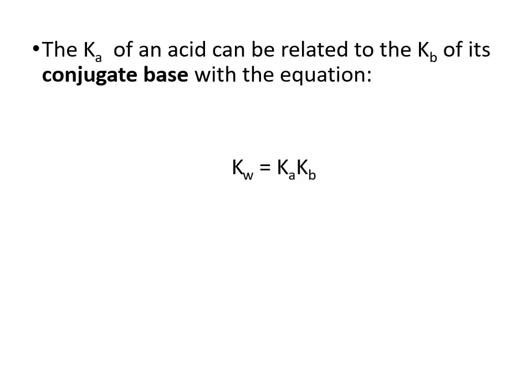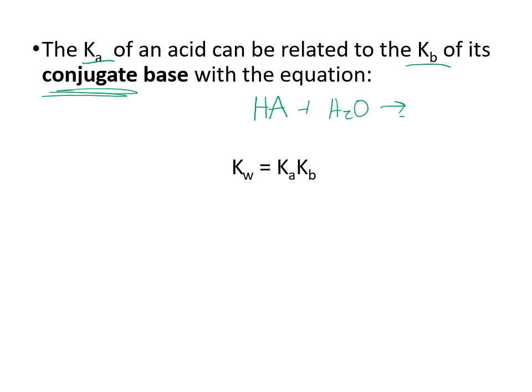So the Ka of an acid can be related to the Kb of its conjugate partner. So if we had an acid, let's take our generic acid, a hydrogen attached to an anion, and if it goes through reaction, actually let's put water in this time. So let's say it goes through with water.